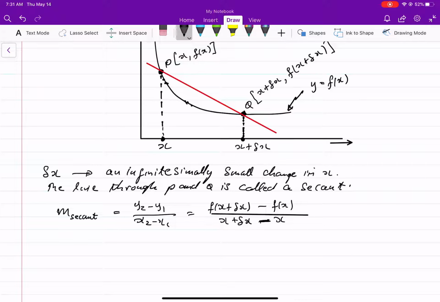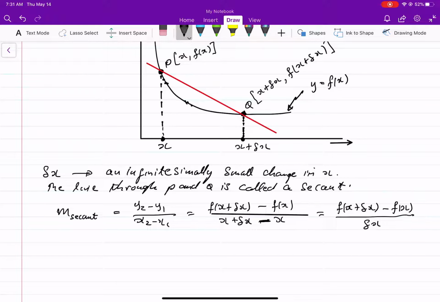If you tidy that up a little bit more, you get f of x plus delta x minus f of x, all divided by delta x. The x's will cancel out in my denominator, and I'm just left with delta x.